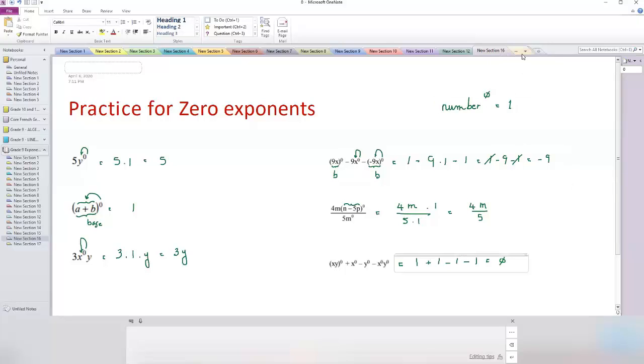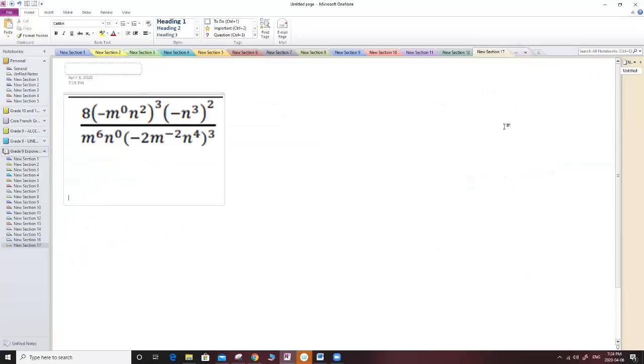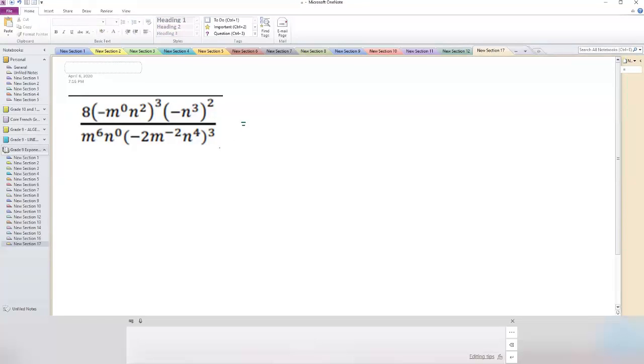Next, this one looks a little bit more complicated, but we're going to do it step by step to find the final answer. So it needs some time to take care of each step. The 8, I will leave it as it is.